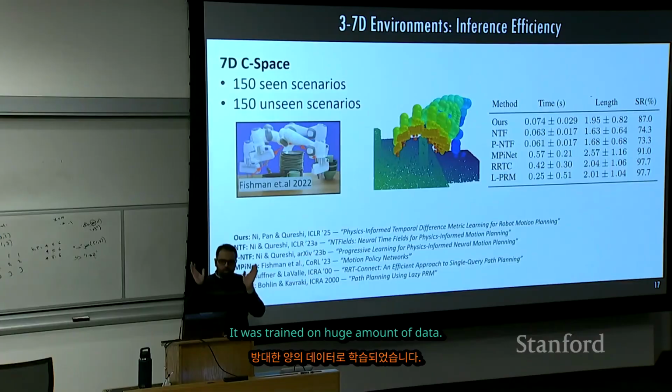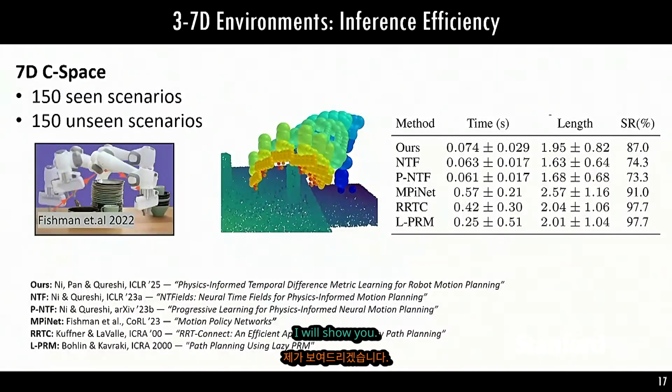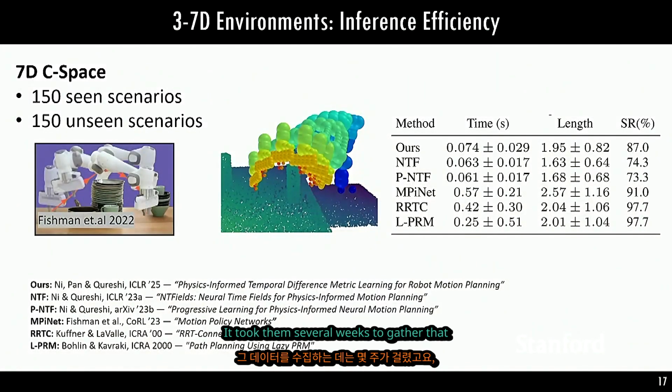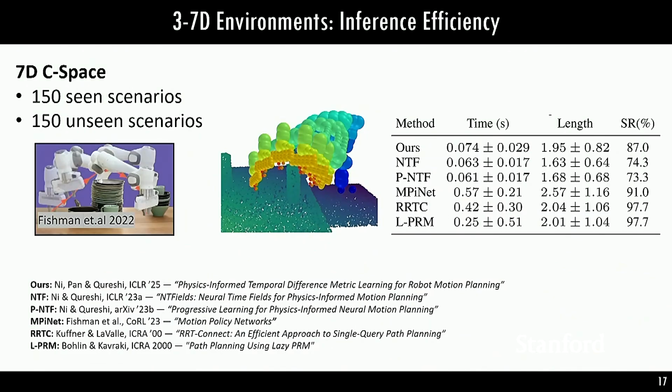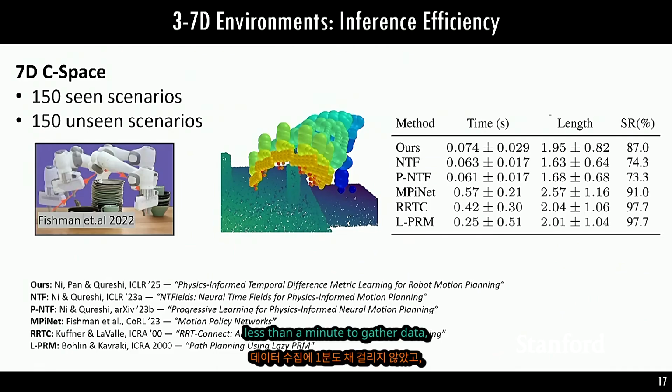It was trained on a huge amount of data. I will show you, it took them several weeks to gather that data, and it took them 1 week to train that model. Compared to our model, it took us less than a minute to gather data, and less than an hour to train this model on 300 environments. So this is one model generalizing to 300 different environments.